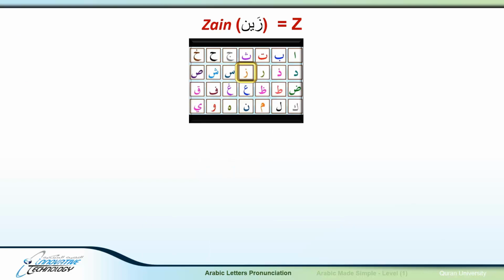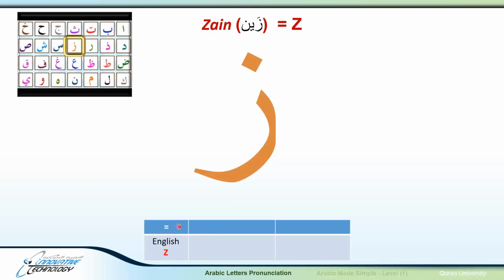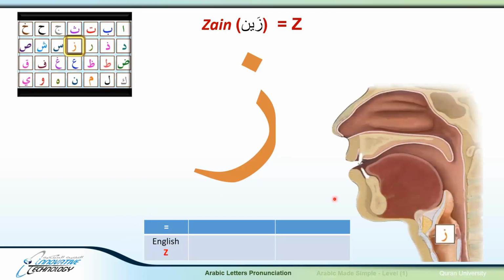The next letter is zai or zain. Zain looks like this, and it is equivalent to the English Z. It's pronounced as z, as in is.